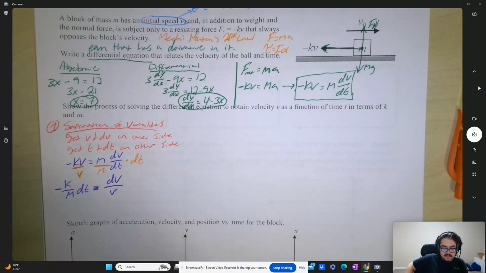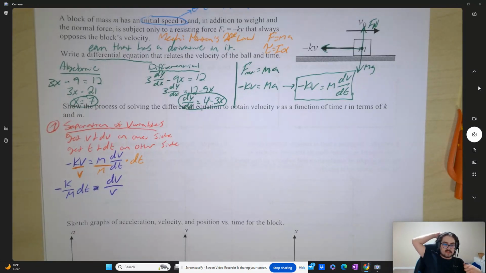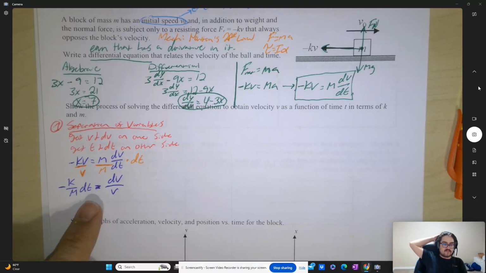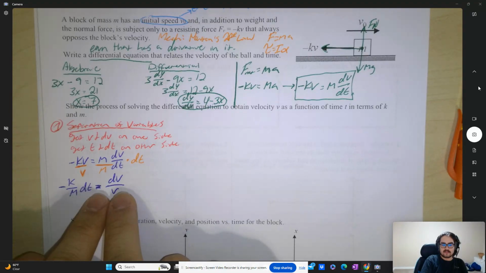Well, now I'm all set to integrate. The second step here is to integrate both sides with respect to whatever variable is paired with the d. So I would integrate the left side with respect to t and integrate the right side with respect to v.